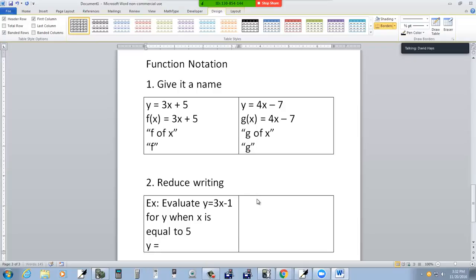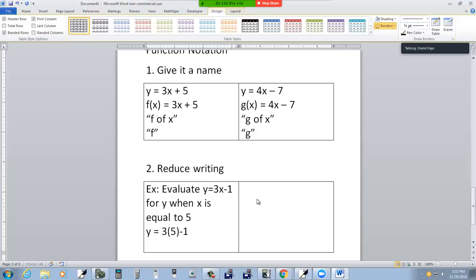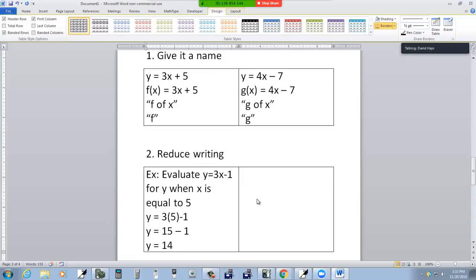Well, what we do if we're doing this is we'd go through and replace all of our x's with parentheses and plug in 5. So we'd have y is equal to 3 times 5 minus 1, 15 minus 1, or y is equal to 14.